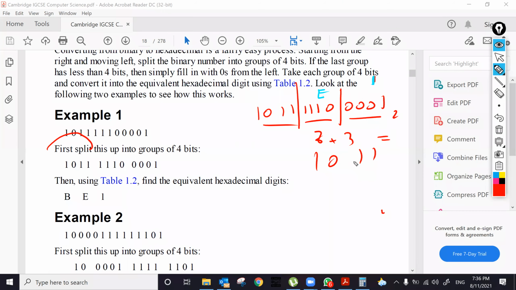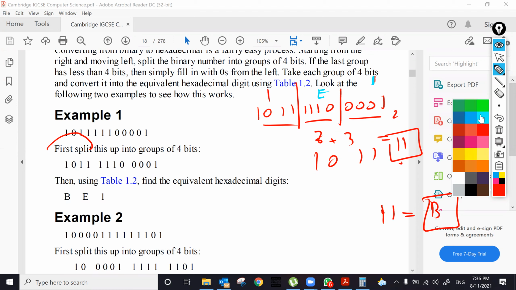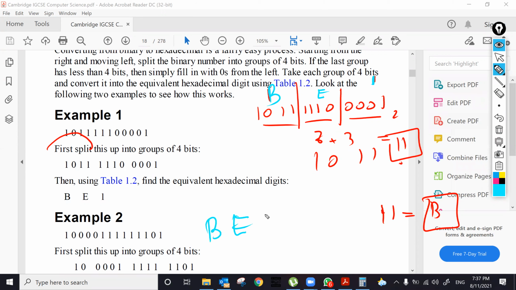I'm doing it straight away: 11. 11 is represented in hexadecimal by B. Very simple, right? B, E, base 16. Himesh, did you get this? Yes, sir. Okay, great.